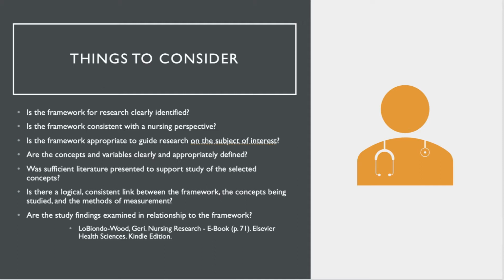Was sufficient literature presented to support the study of the selected concepts? Now, what is sufficient? And that is always a hard question to answer. But it's one of those things that when you get used to reading articles, you're going to know it when you see it.